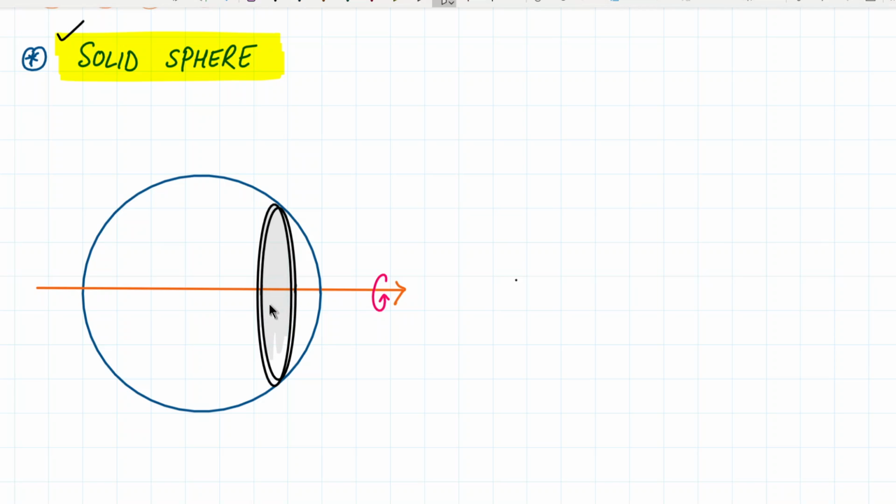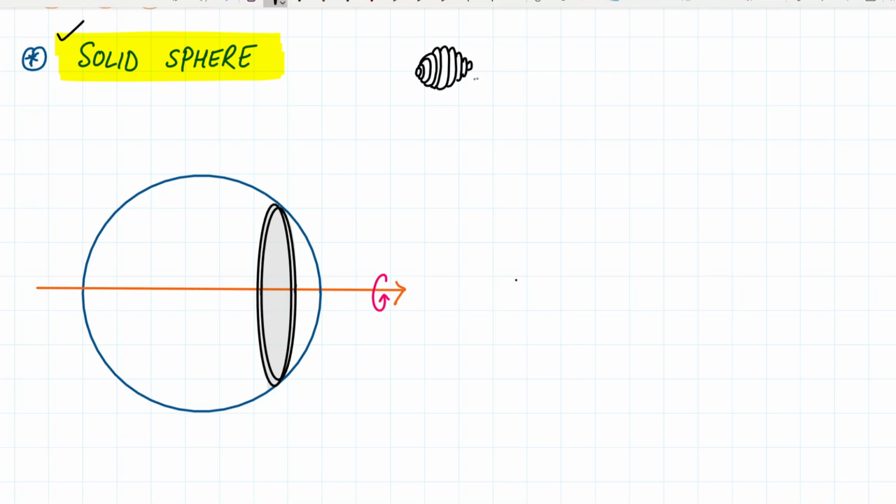What I'm going to do is find the moment of inertia of a disk, which we already know, with respect to an axis perpendicular to its plane, and then integrate over a certain range. First I find the moment of inertia of this disk, then this disk, and this disk, and so on.